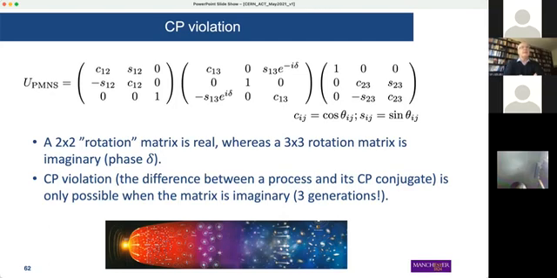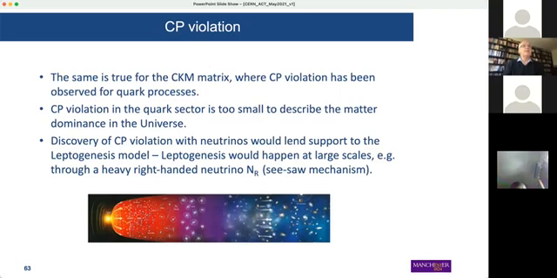And the interesting bit is that CP violation, which is the difference between a process and its CP conjugate, is only possible when the matrix is complex, because it creates a difference between a process going in one direction and going in the other, and that requires at least 3 generations.